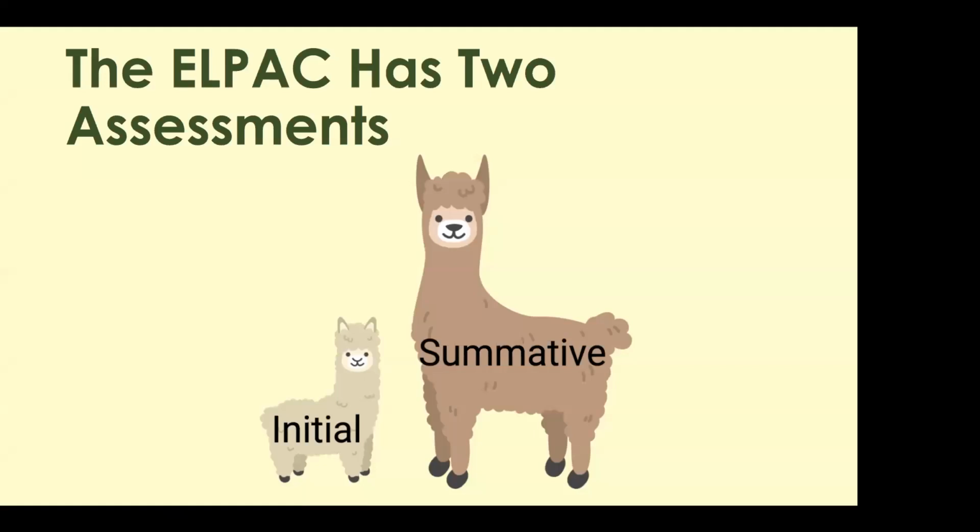The Initial ELPAC is used to identify a student as either an English learner who needs support to learn English or as proficient in English. The Summative ELPAC is used to measure the skills of English learners. The results will help tell the school or district if the student is ready to be reclassified as proficient in English.